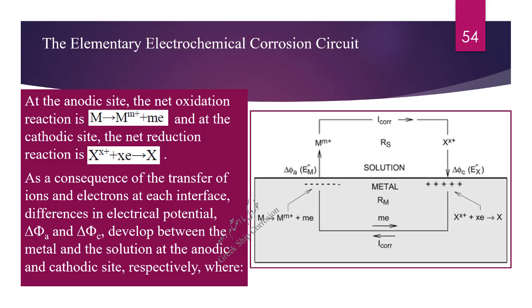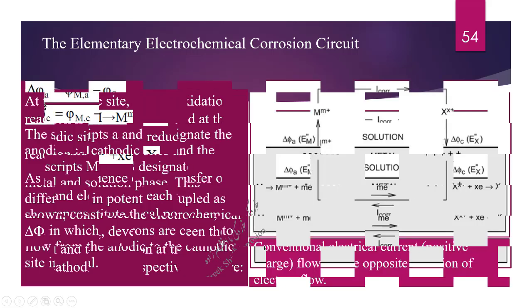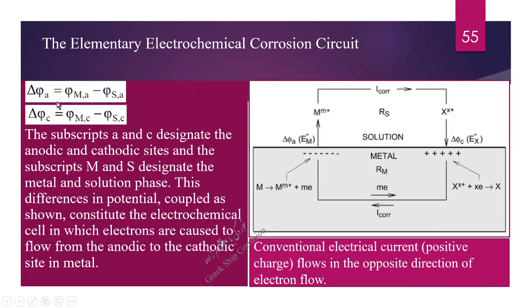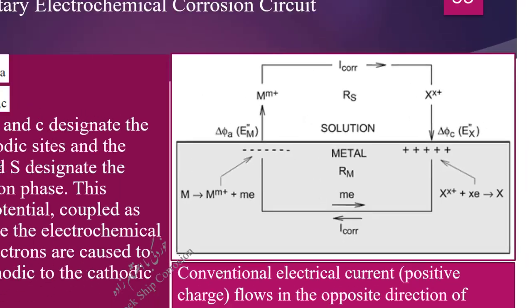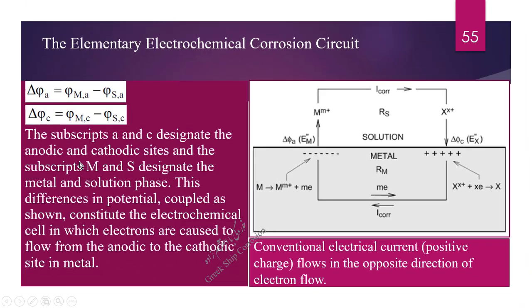where delta V_a equals V_ma minus V_sa, and delta V_c equals V_mc minus V_sc. The subscripts A and C designate the anodic and cathodic sites, and the subscripts M and S designate the metal and solution phase.